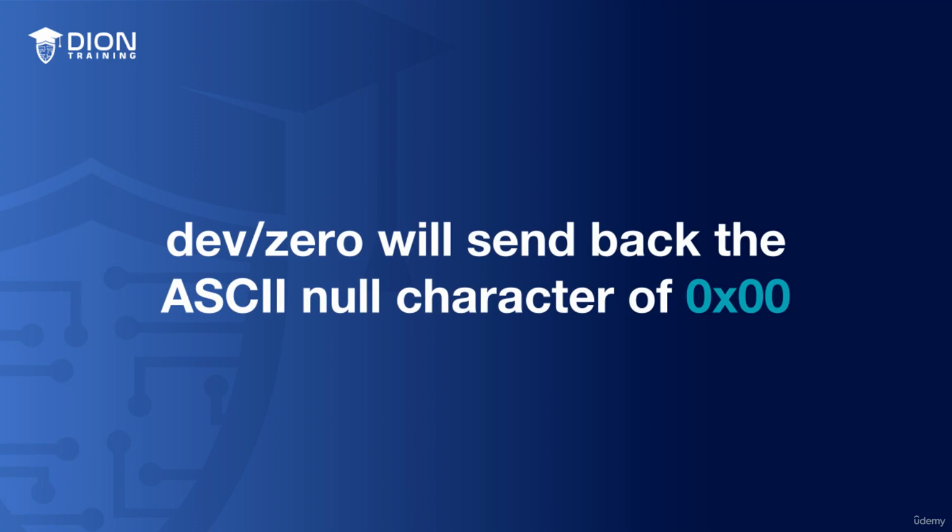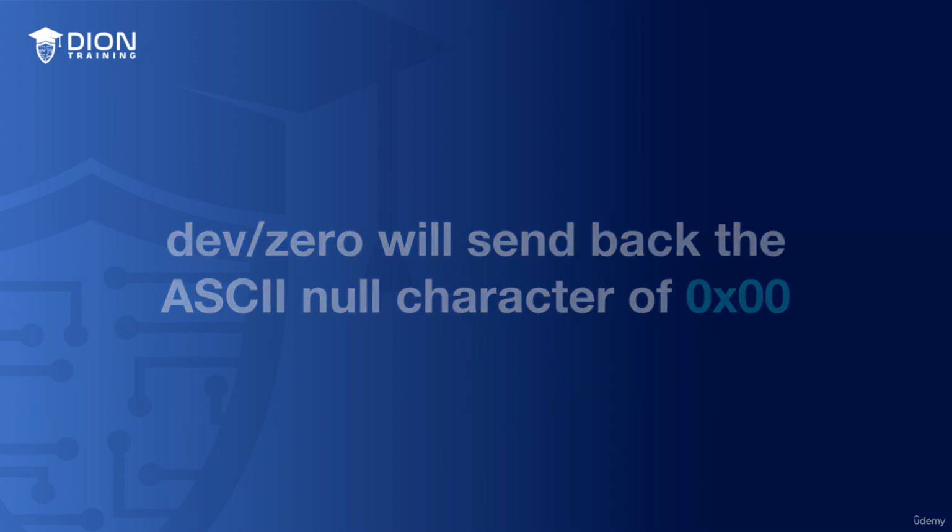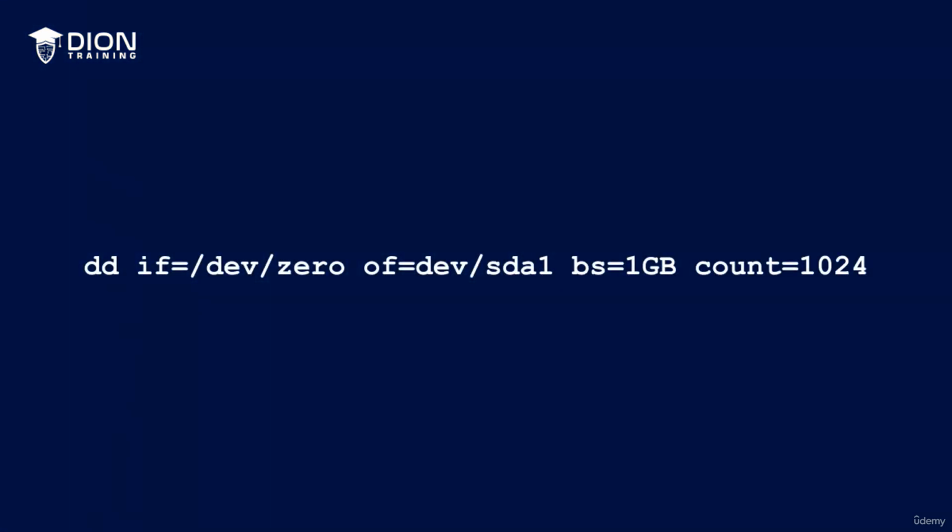Now, why might you use /dev/zero if all it does is send you back an endless stream of zeros whenever you read from it? Well, this is actually useful when you're trying to sanitize a hard drive by overwriting it with a bunch of zeros. To do this, you can simply use the dd command, which stands for disk duplicator.